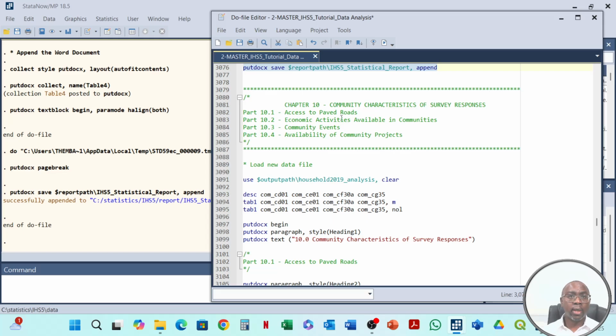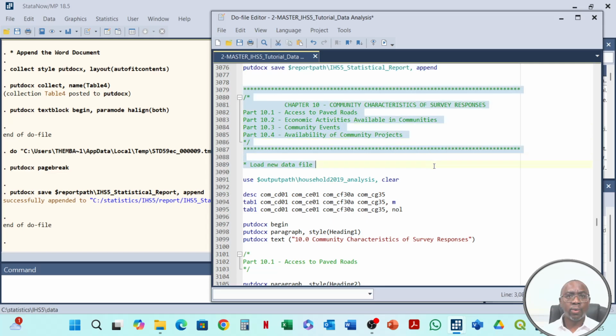We're also going to look at economic activities available in communities, and then also community events, and then we'll finish off with the availability of community projects. These are the group variables that we had created in the first part of this course, and what we're doing now is just to analyze that data.